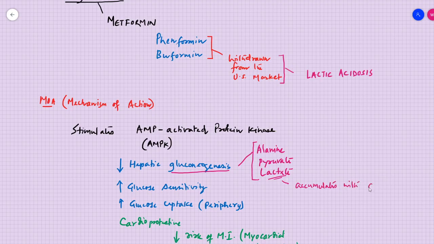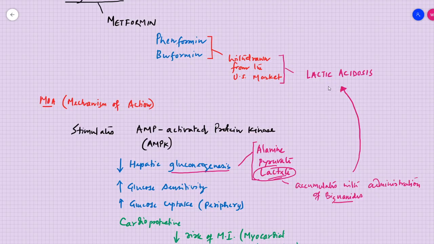With administration of biguanides, that is responsible for lactic acidosis. So biguanides cause lactic acidosis, and because of that, these two drugs were withdrawn from the US market. The question is, metformin is also a biguanide, doesn't it cause lactic acidosis?